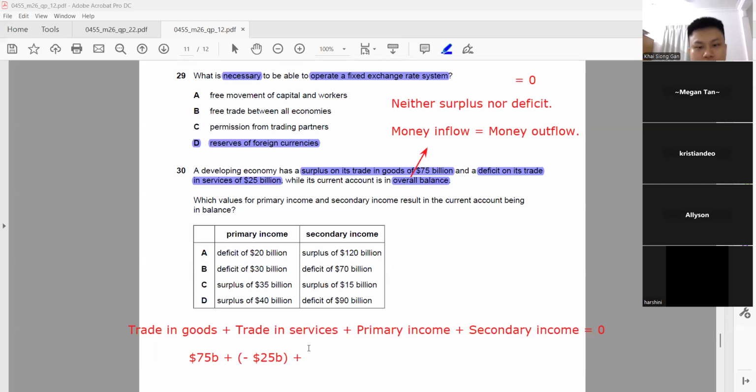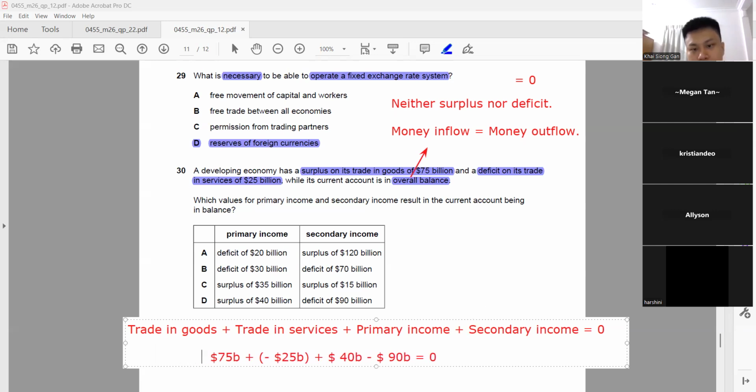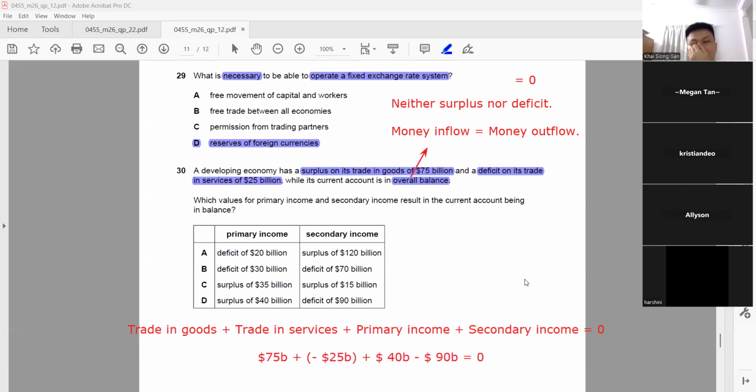Okay, so primary income, surplus of 40 billion and deficit of 90 billion. Okay, equal to zero. Correct or not?